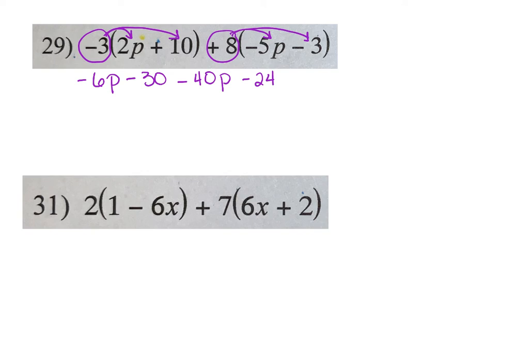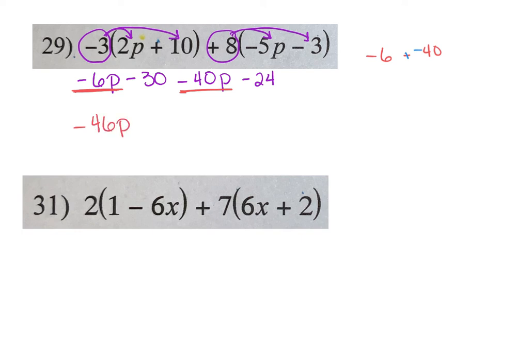So now I am going to combine my like terms. Do I have something in common or like this -6p? Yeah, -40p. So I have -6 minus 40. That's the same thing as plus the negative, right? So here I am going to get -46p.